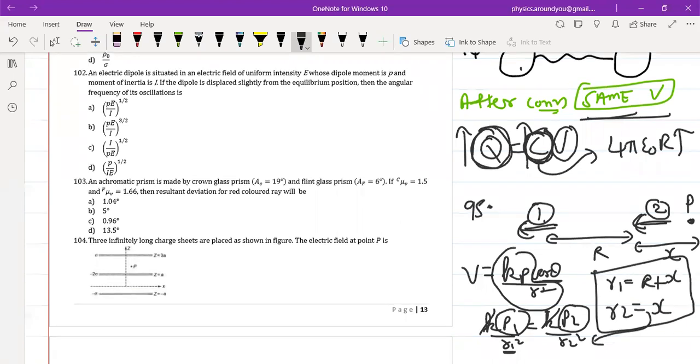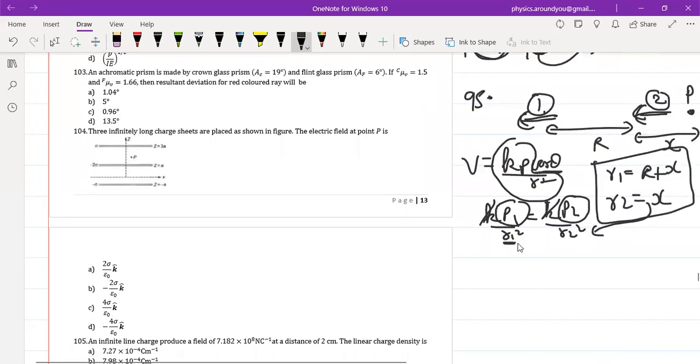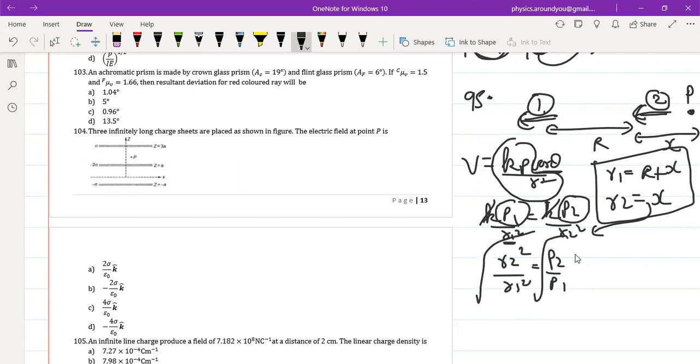Don't solve the quadratic, because I can easily simplify this as R2 square by R1 square is simply P2 by P1. Instead, take the root here only.